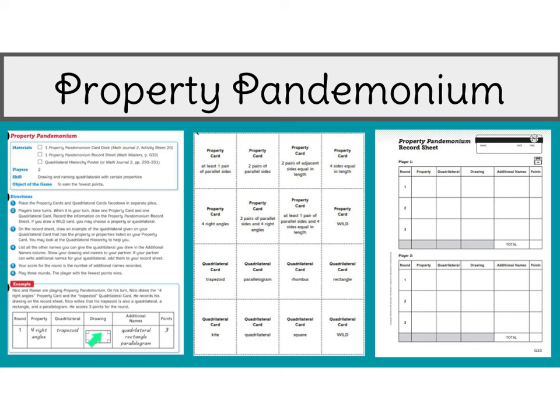So then this was the drawing that they made. And then the additional names that they came up with were quadrilateral, rectangle, parallelogram. So the fact that they came up with 3 additional names, then they get 3 points. So that is the game in a nutshell, and how to play it. So you will be playing this in class with your friends.